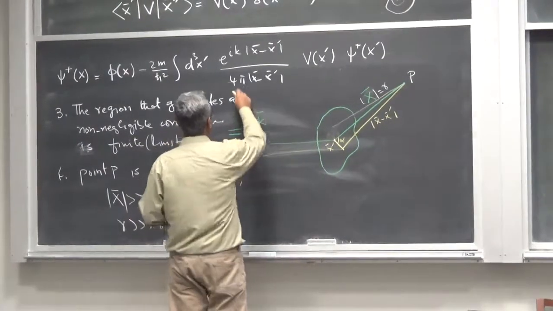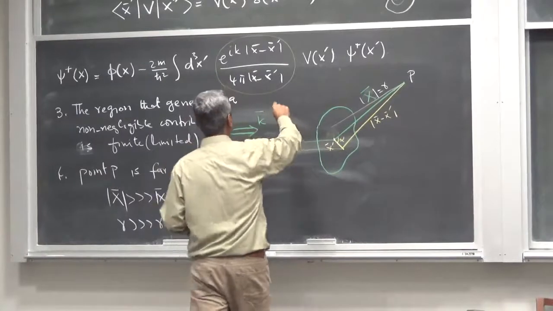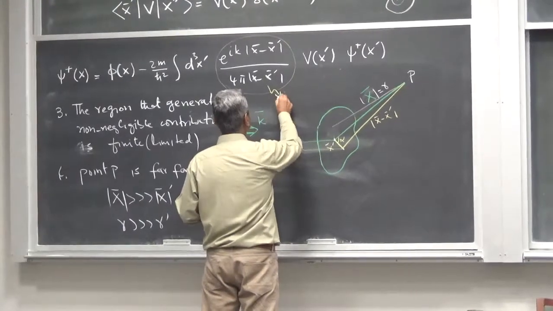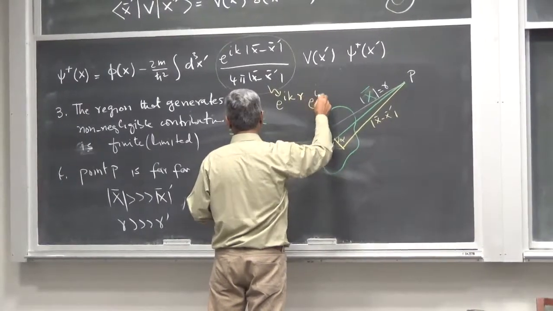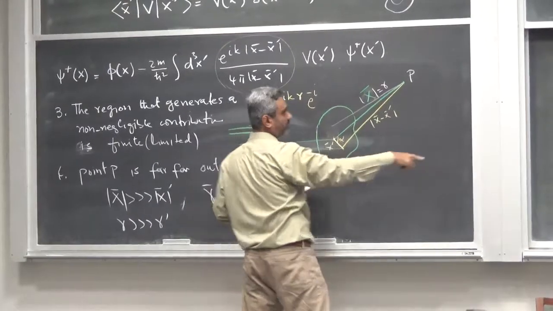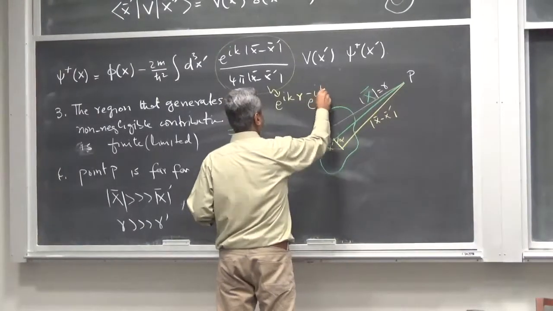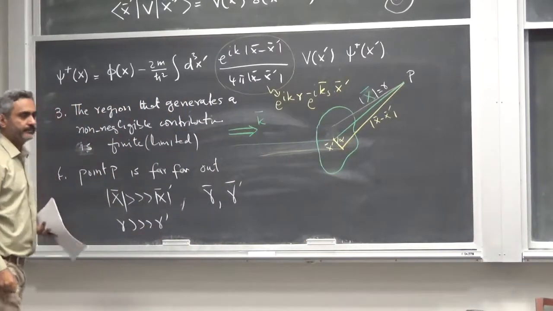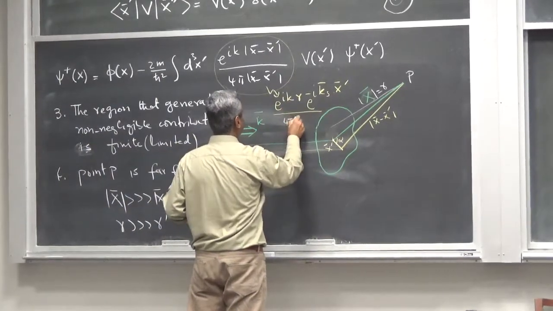So if we come back to this part, and look at this calculation, this thing can be written as e to the i k r times e to the i, minus, because of this minus sign here, k_s dot x prime, divided by 4 pi r.